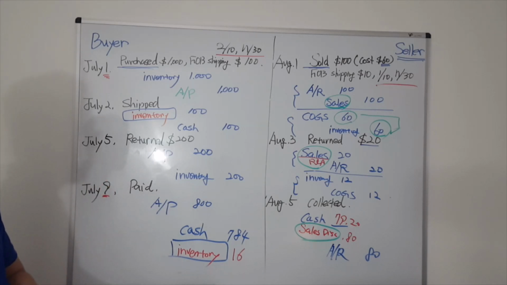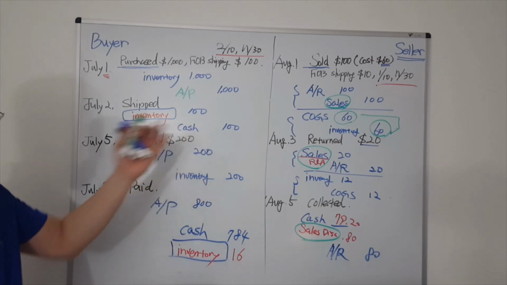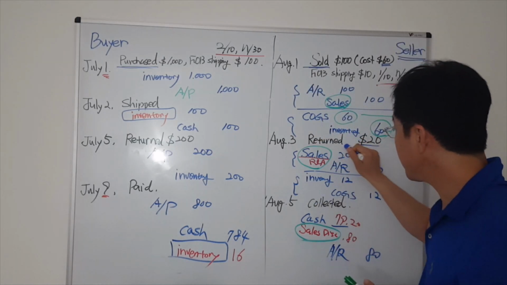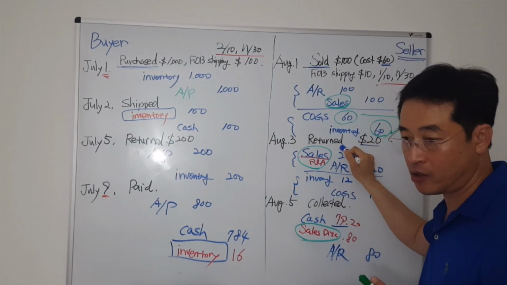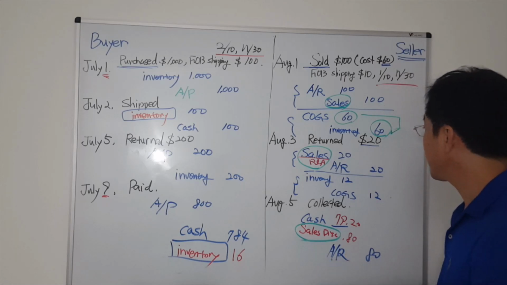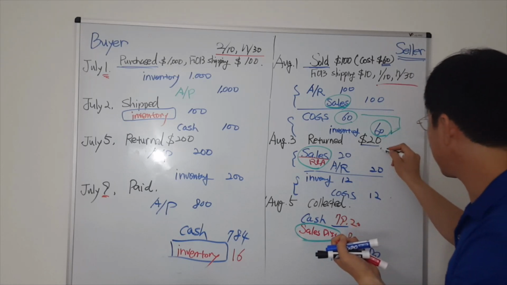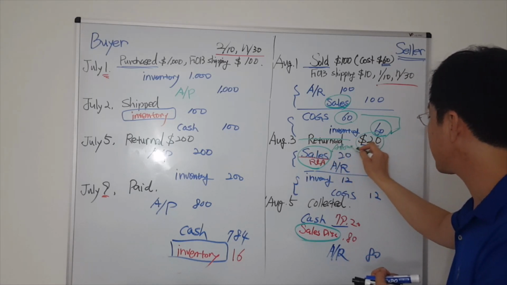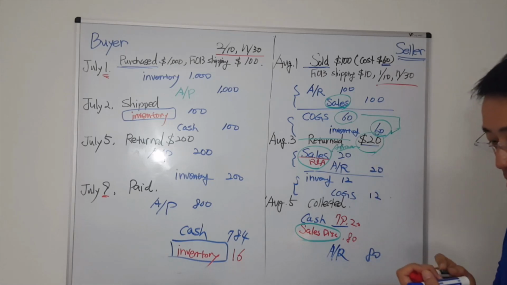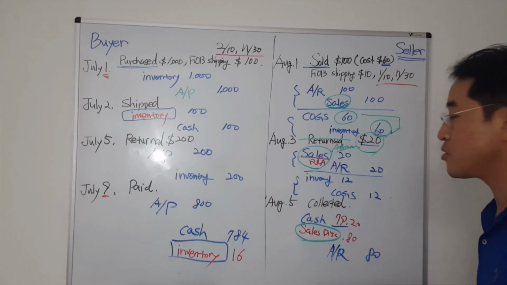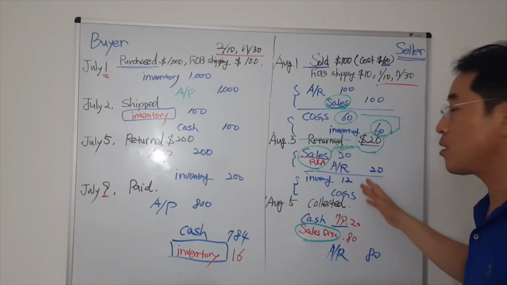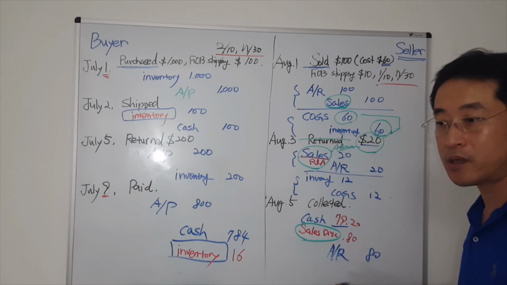Before I let you go, I have to ask a couple more questions. What if this is not a return, but an allowance? Let's say $20. This amount is not a return; that's the amount of allowance we granted. Then what's going to be our journal entry? Think about it. What's an allowance, as I explained?